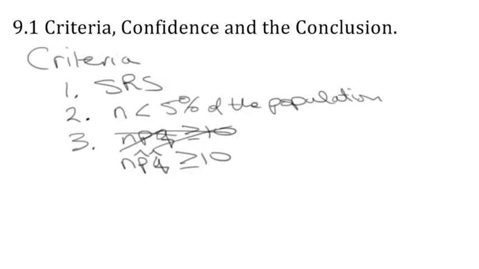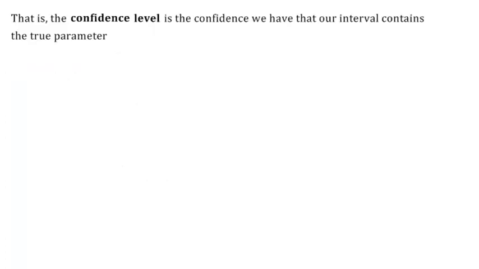Issue number 2 is I want to talk a little bit more about what I mean by 95% confidence. So I've thrown a definition up here. The confidence level is the confidence we have that our interval contains the true parameter. In section 9.1, we're talking about the confidence that we have that our interval contains the population proportion.